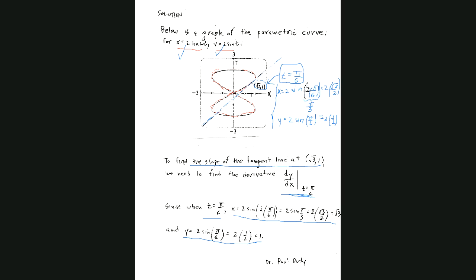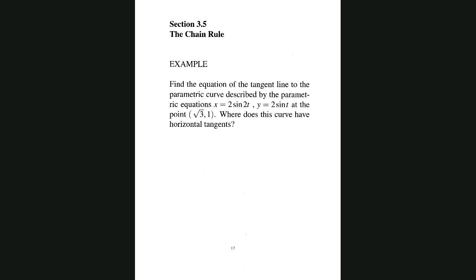Now we go after the slope. So again, the slope that we want is the derivative when t equals pi over 6. But here's the thing. When you look at these parametric equations, do you have that y equals a function of x?